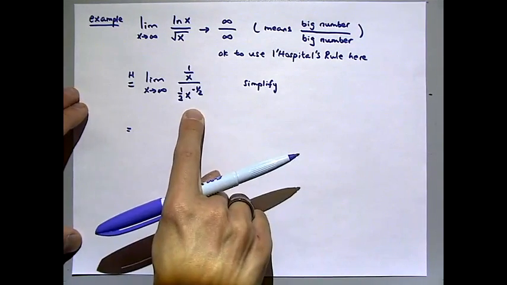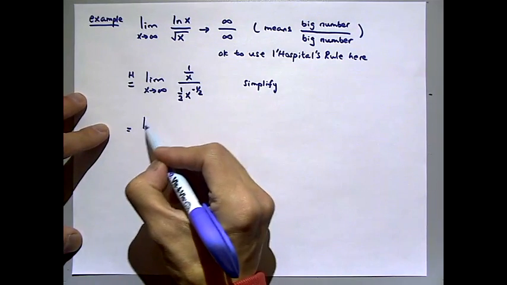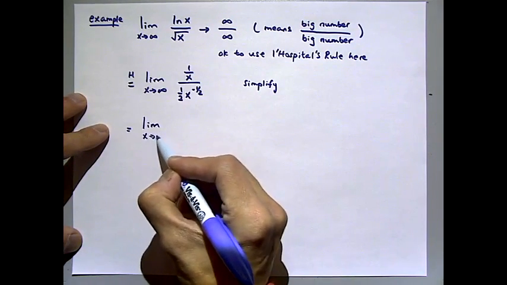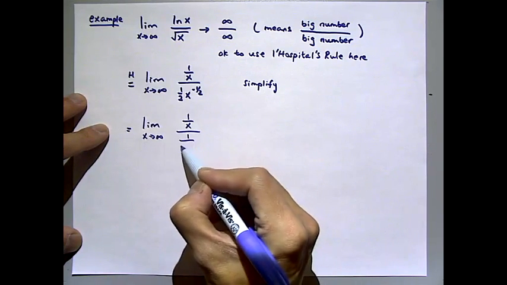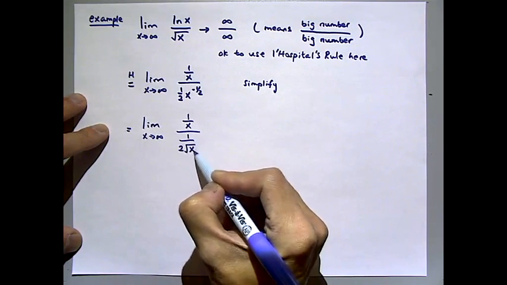Let's simplify this a little bit. This is 1 over x over 1 over 2 radical x.